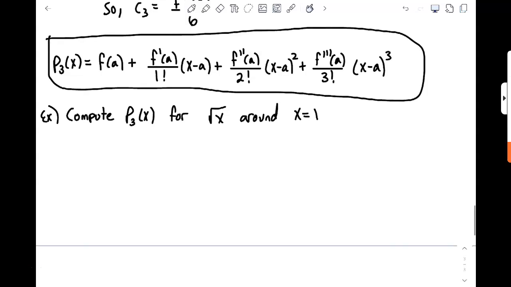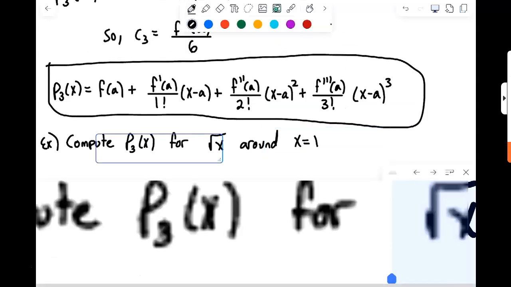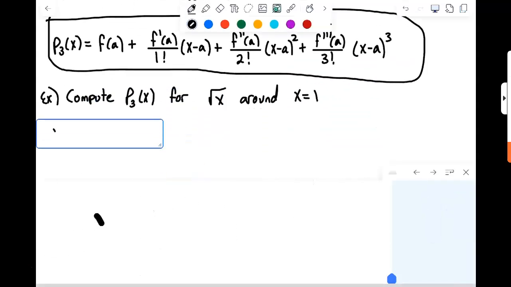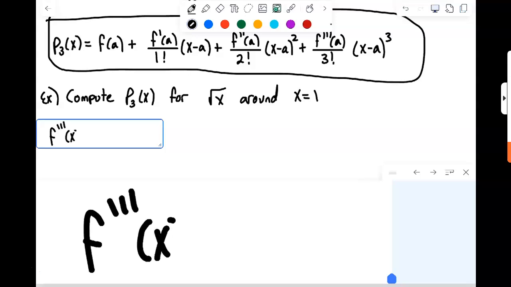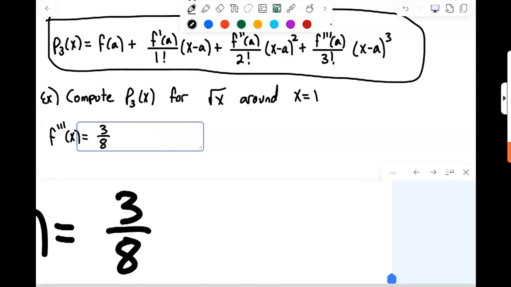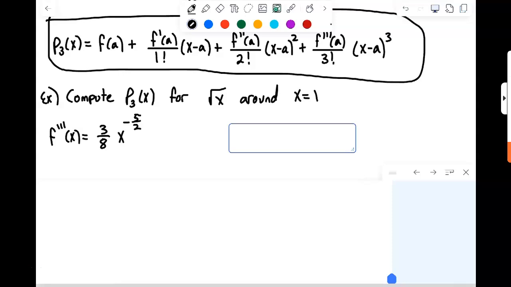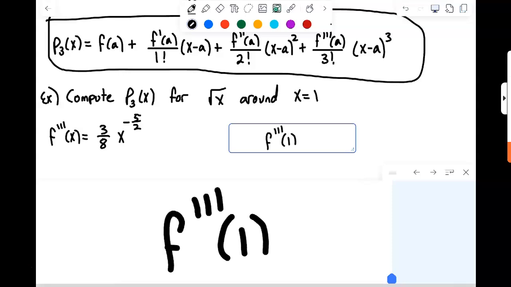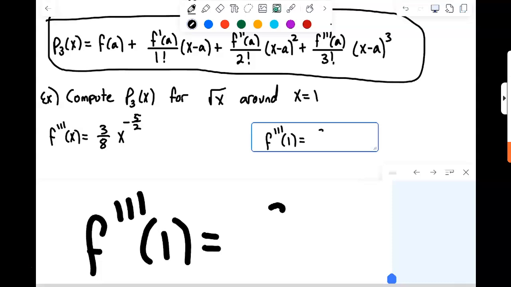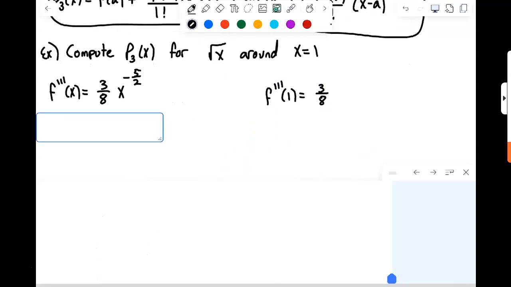So what we would find here is that the third derivative, F triple prime of x, would be 3/8, and then we drop the exponent by 1, which would make it x now to the -5/2. So that F triple prime at 1 would just be 3/8.